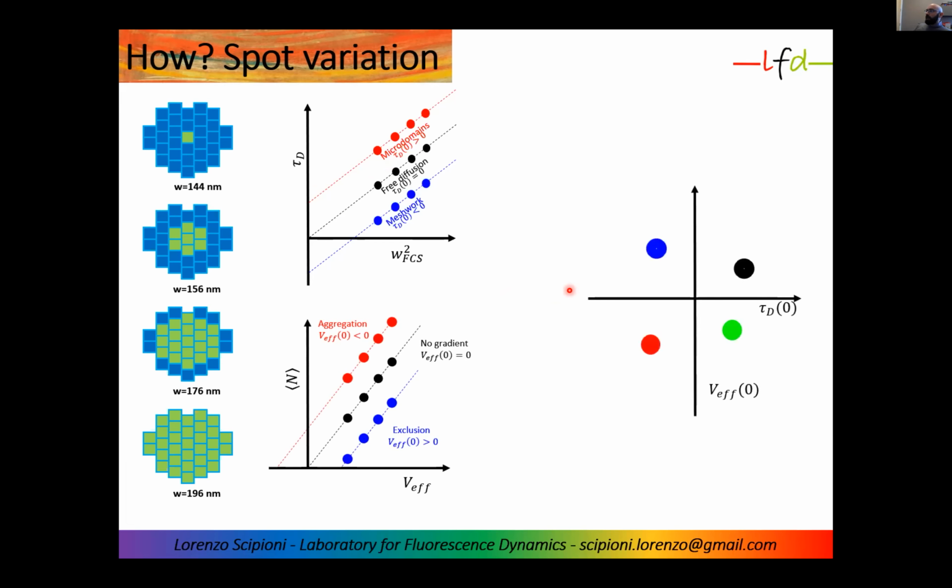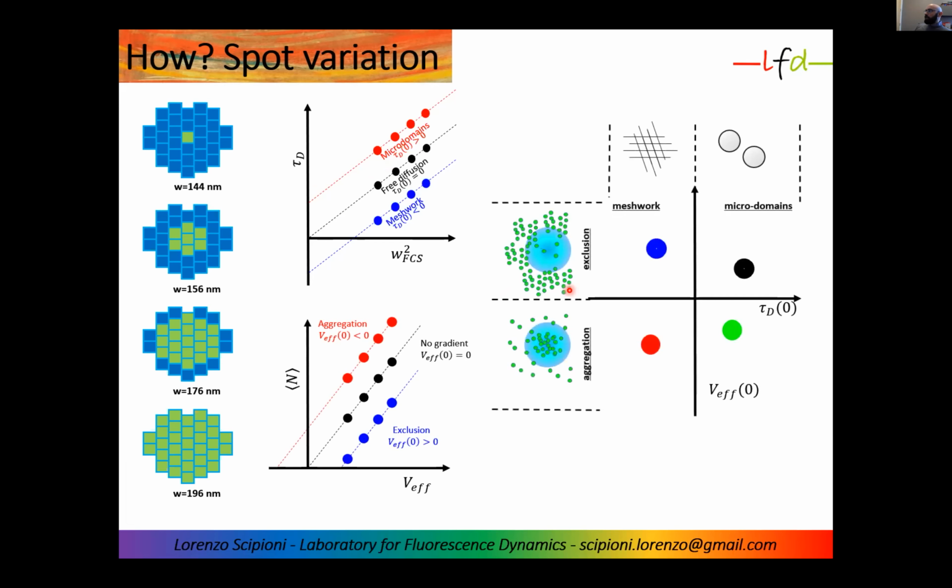This allows us to create this 2D space in which, if we have a point in this black point, for instance, it will mean that your probe is undergoing diffusion in microdomains and is excluded by the surroundings. So there's going to be a portion of the illumination volume which is not accessible to the probe.